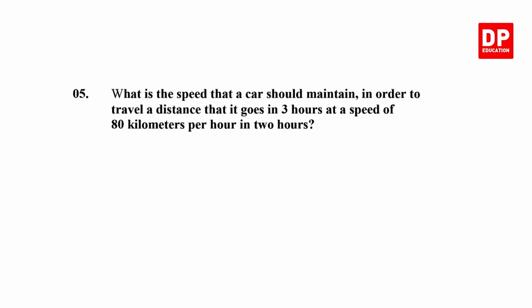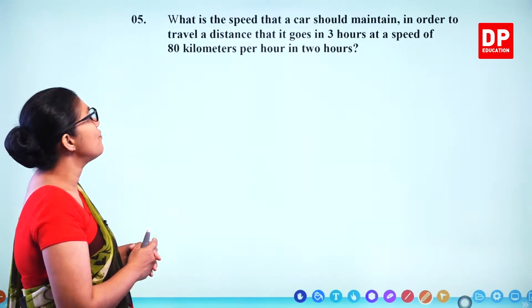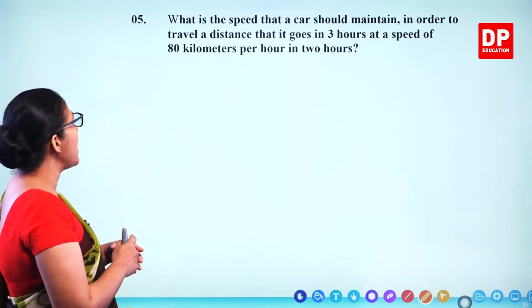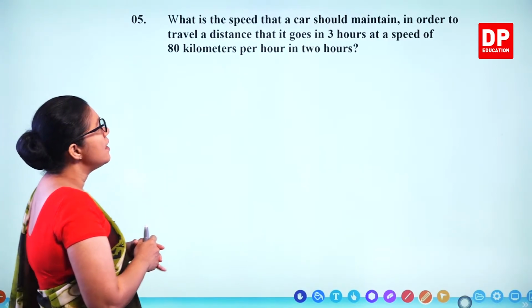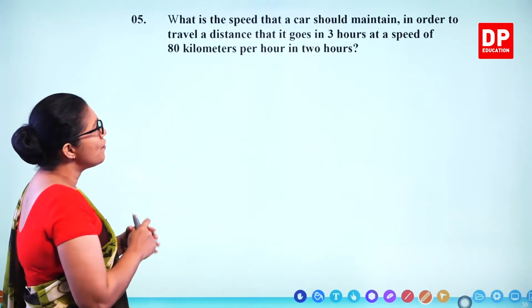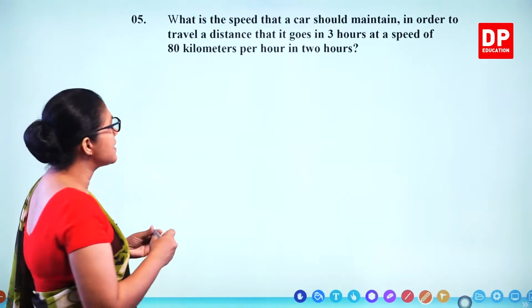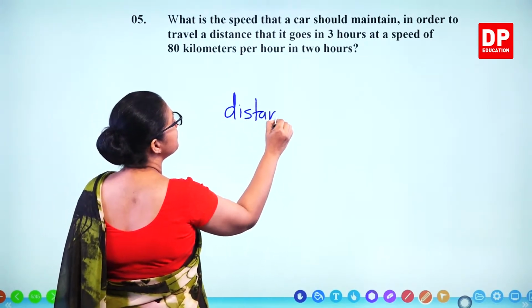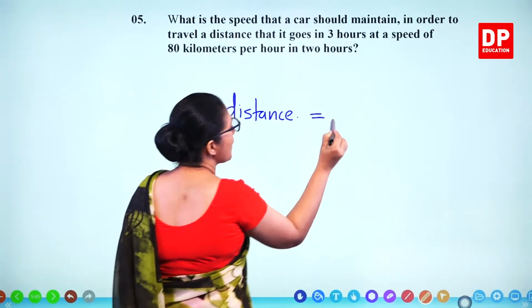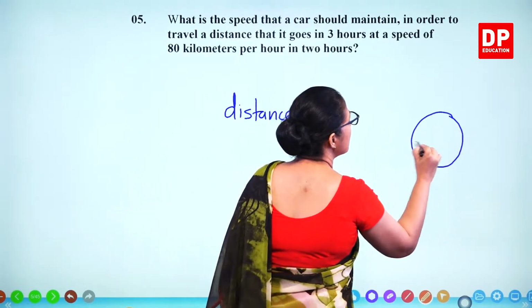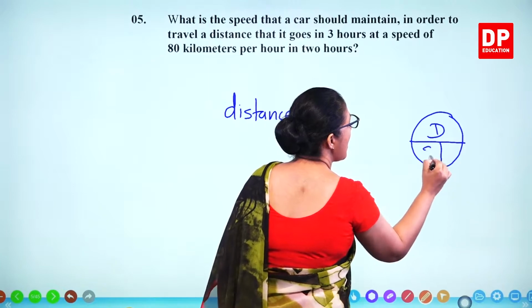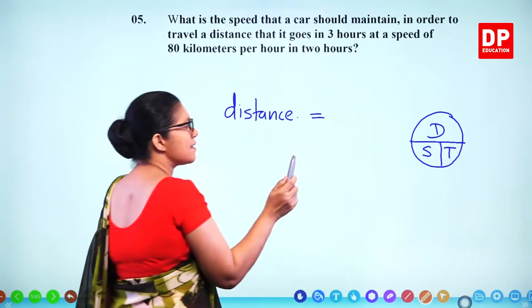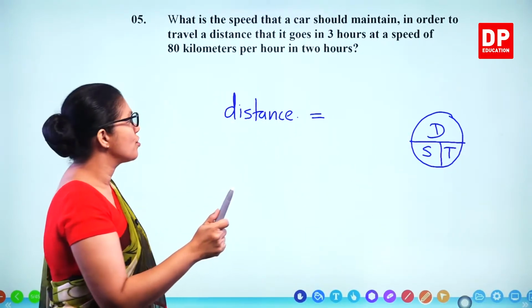Question number 5. What is the speed that a car should maintain in order to travel, in 2 hours, the distance that it covers in 3 hours at a speed of 80 kilometers per hour? First you have to find out the distance traveled. When you take distance, speed, time, distance is speed into time.